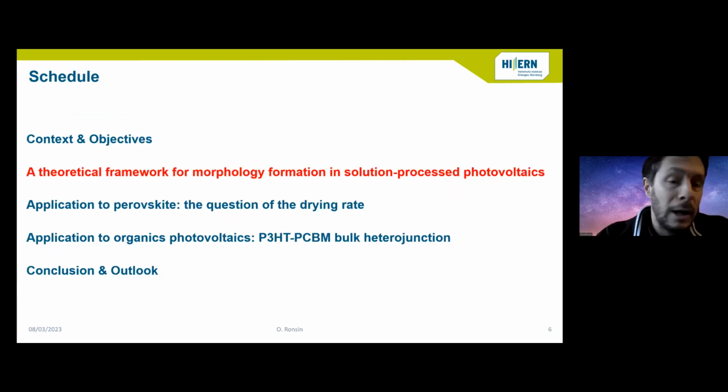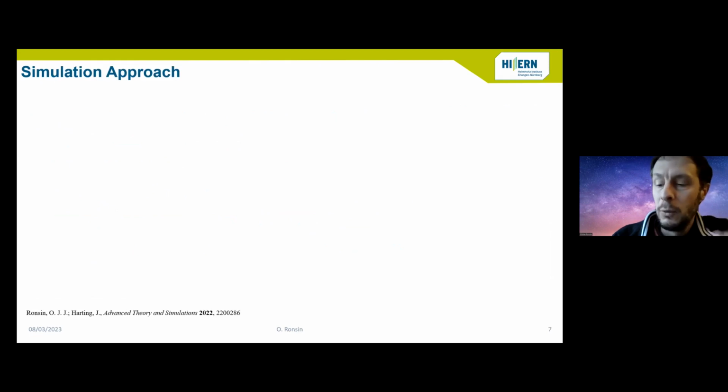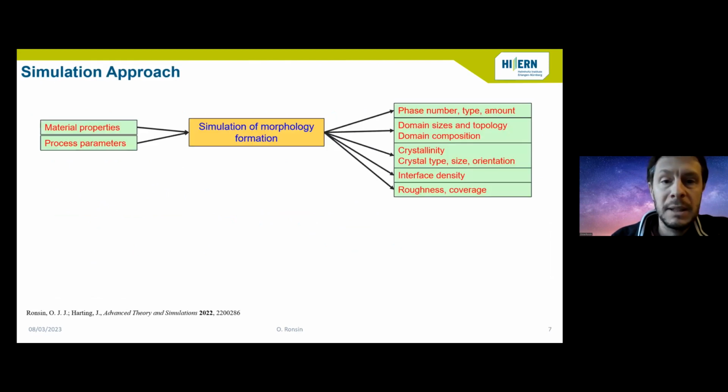Now I would like to say a few words about the theoretical framework, but this will be a very general consideration on what we need to tackle this problem. What we want to do is simulate the morphology formation of these photoactive layers, depending, of course, on the material properties, but also on the process parameters.